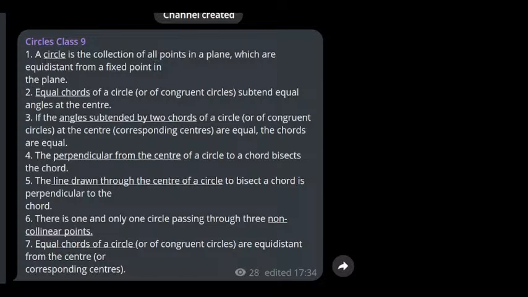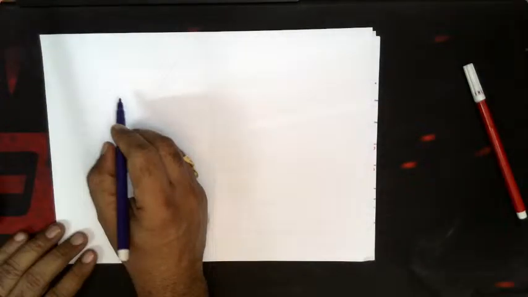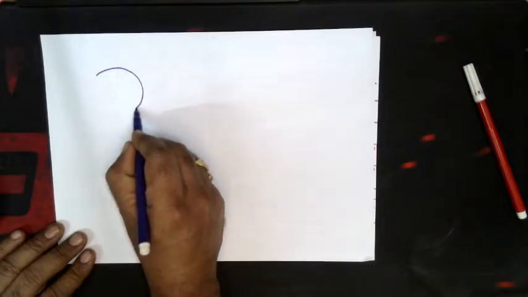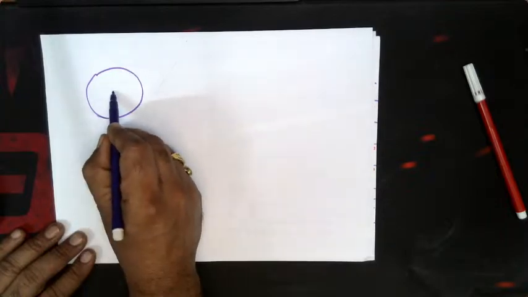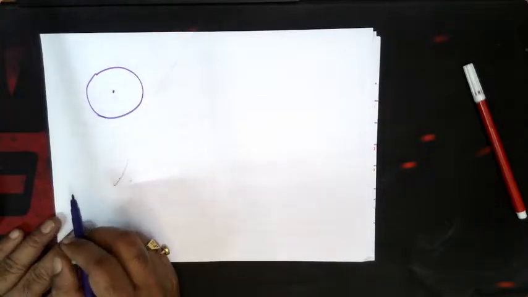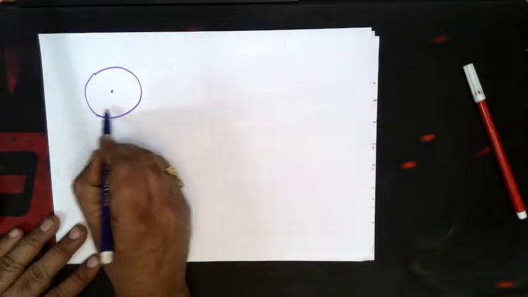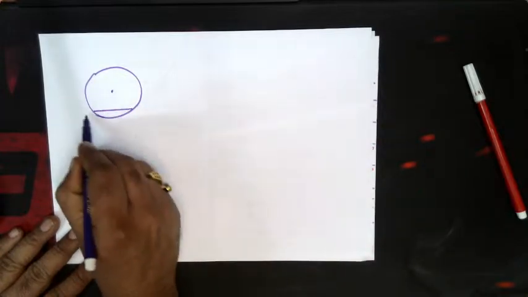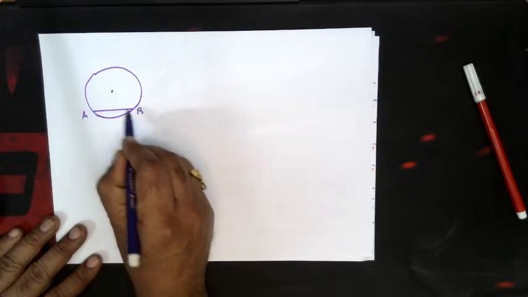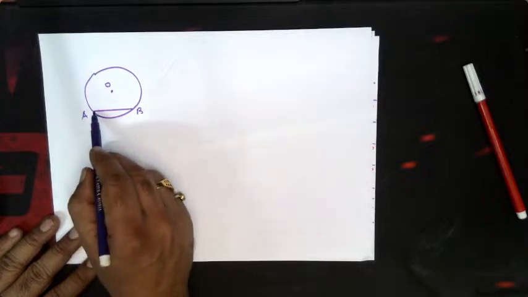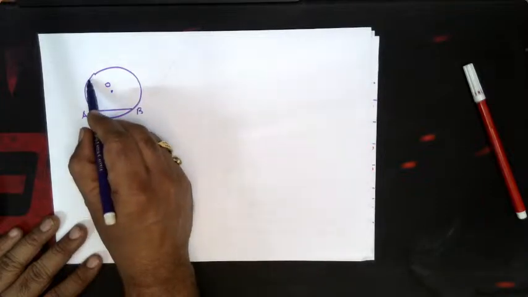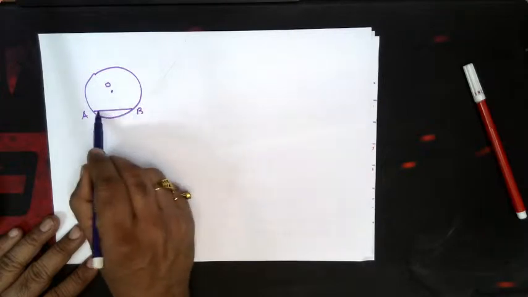First of all, you should understand what a chord is. Let me draw a circle. So this is the center of the circle, O. Now we have a chord AB. And I am drawing another chord of the same length.